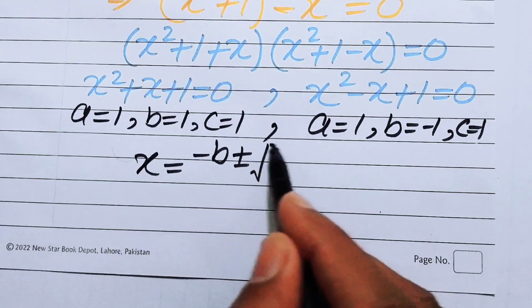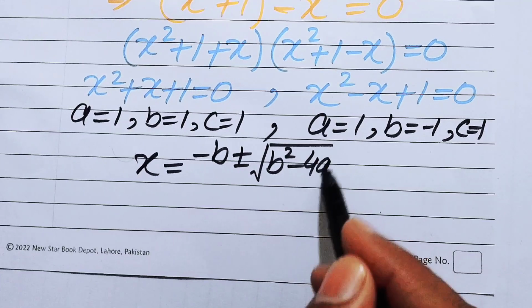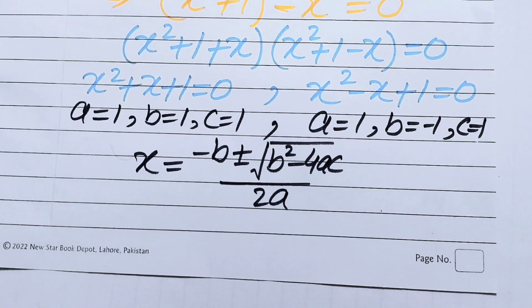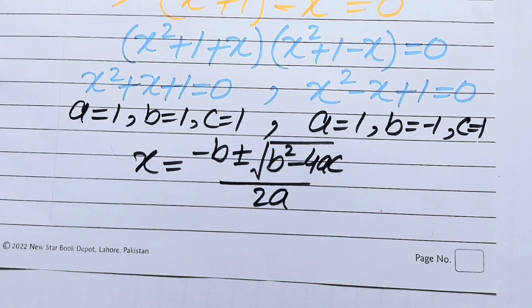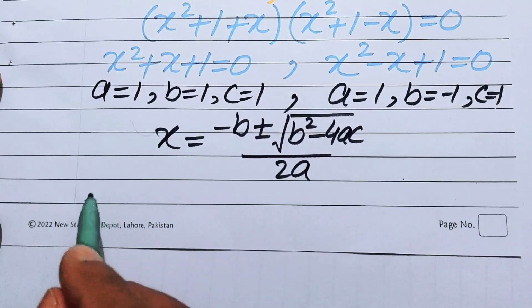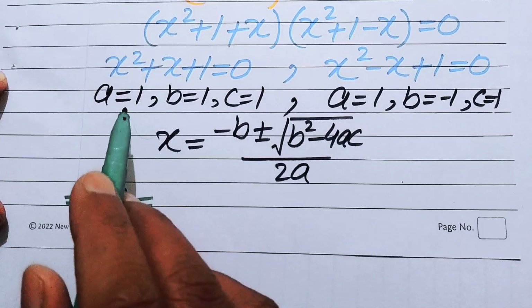You know that the quadratic formula looks like this: x equals minus b plus minus square root of b square minus 4 times ac, divided by 2a. So here we substitute the values of a, b and c, and we obtain our required results.